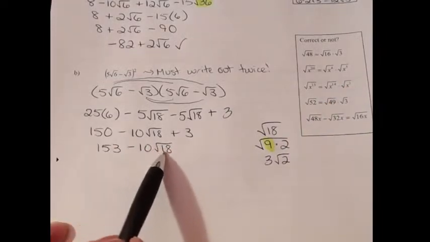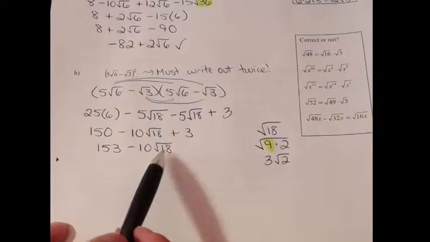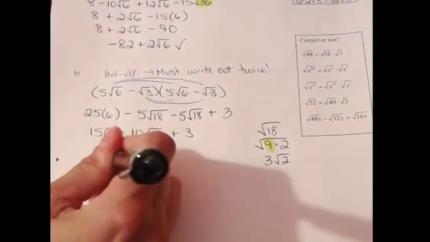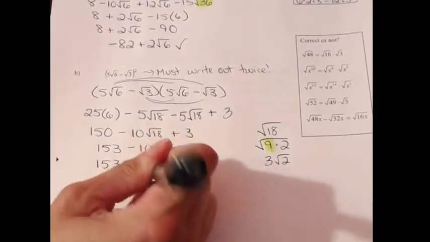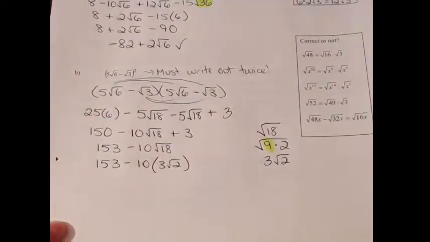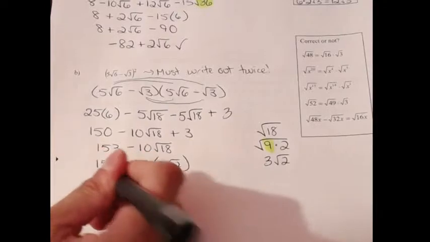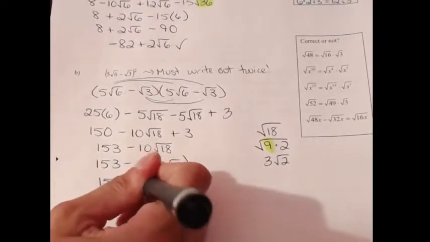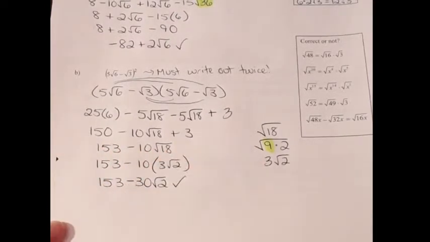Replace square root of 18 with 3 square roots of 2. Let's check it out. 153 minus 10 times 3 square roots of 2 leaves me with a final answer of 153 minus 30 square roots of 2. That is how you complete this problem.